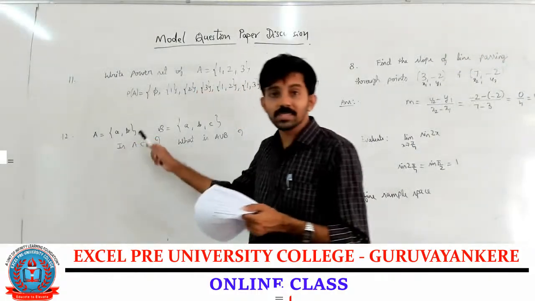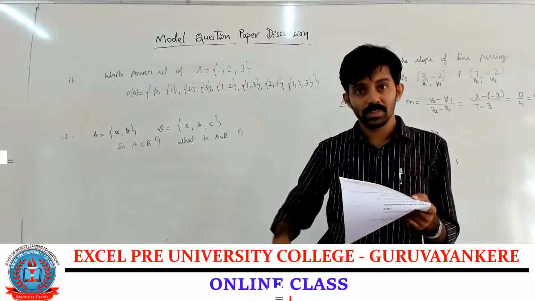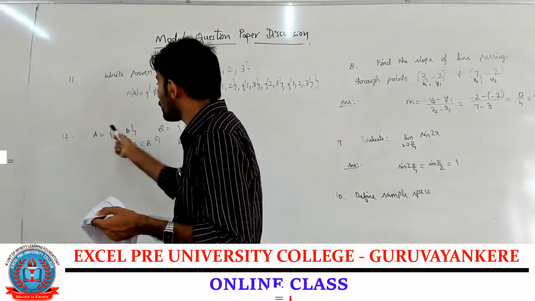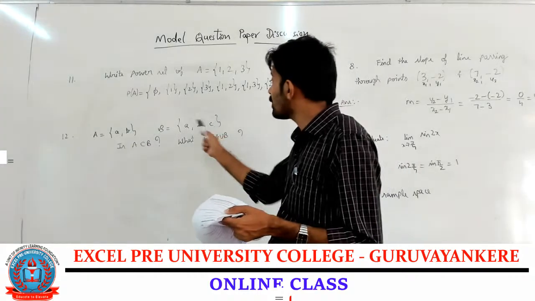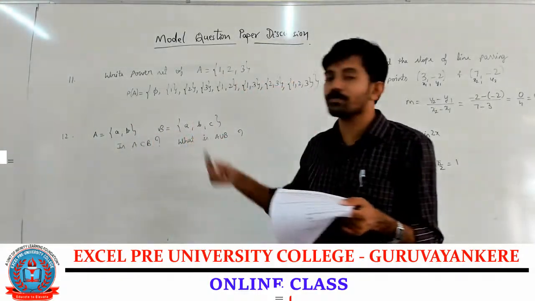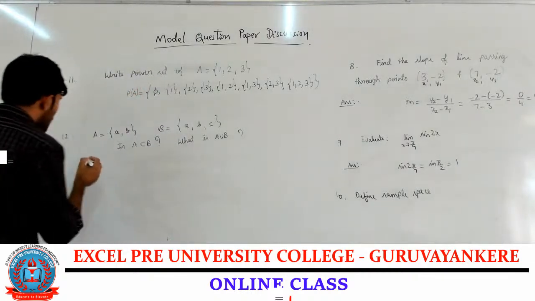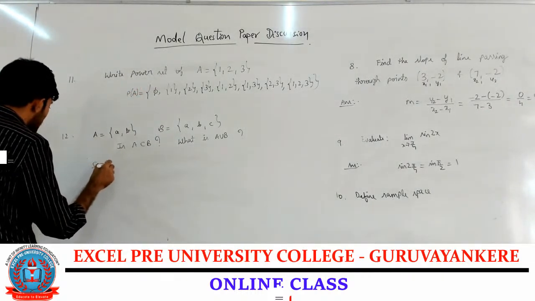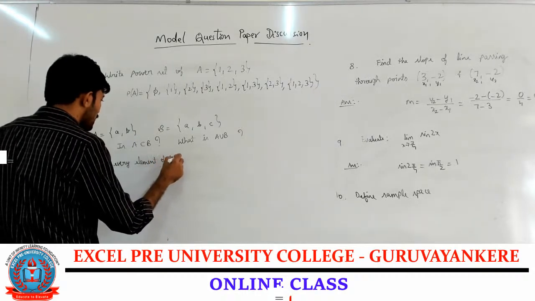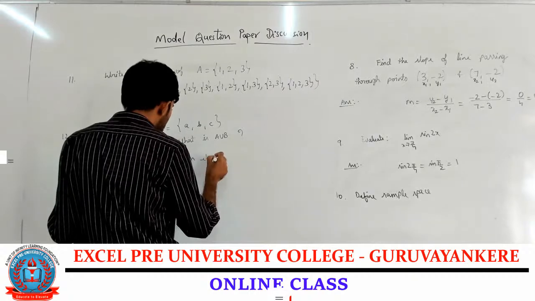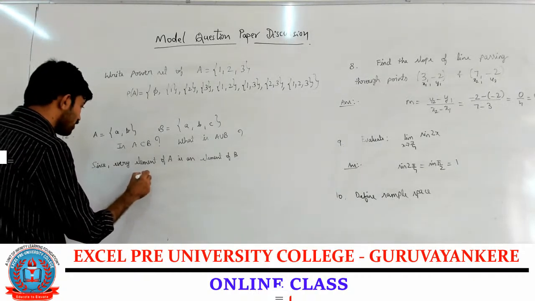Set A is said to be a subset of B if every element of A is an element of B. So a is an element of A and is also an element of B. b is an element of A and is also an element of B. c is an element of B and is not an element of A. So I can tell here A is a subset of B. Every element of A is an element of B, so A is a subset of B.